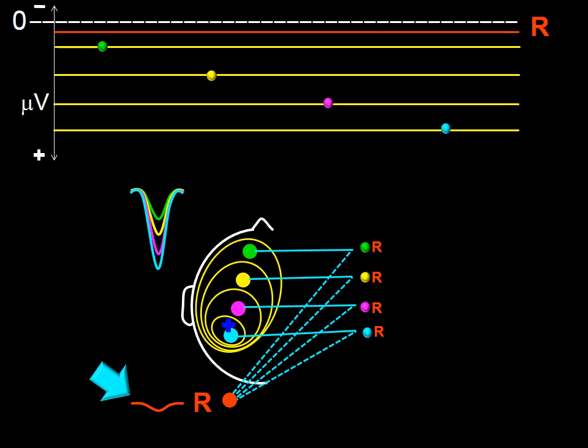It is positive because, as you can see at the polarity graph, the reference is on the positive side of the zero line. You should also notice that the amplitude is the lowest of all the waves represented in this frame. This is so because it is the one that is closest to the zero line in the voltage graph.